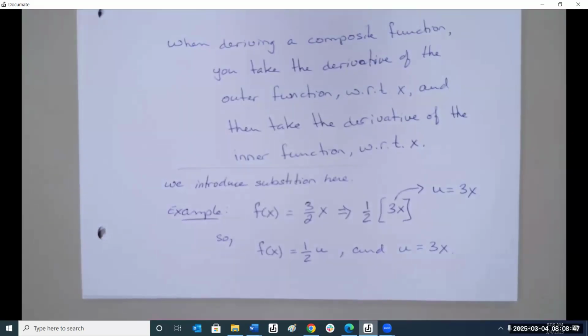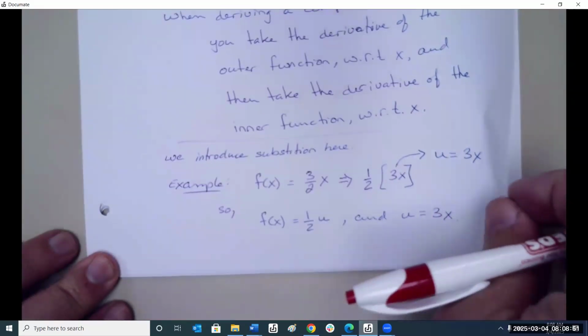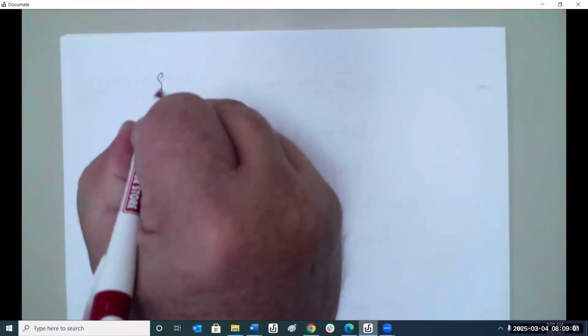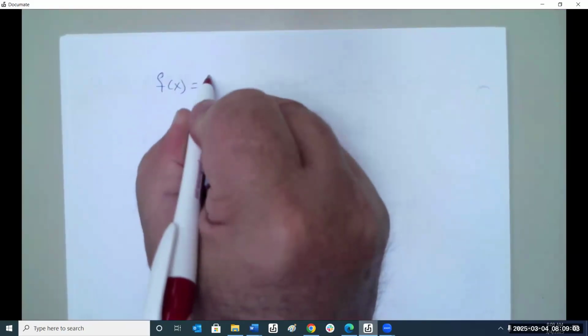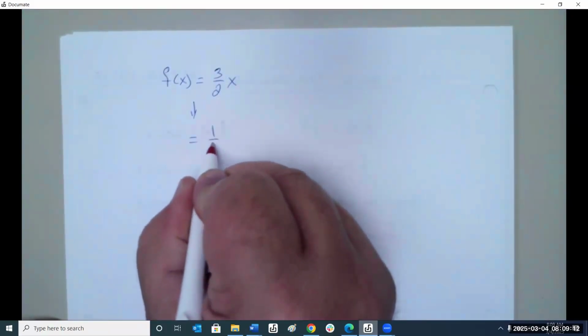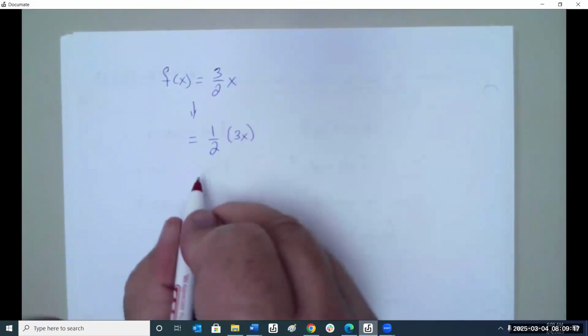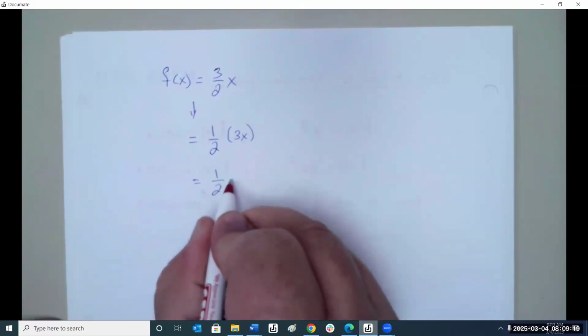So we have three parts that are going on here. f of x is equal to 3 over 2x. That becomes 1 over 2 times 3x. That becomes 1 over 2u.